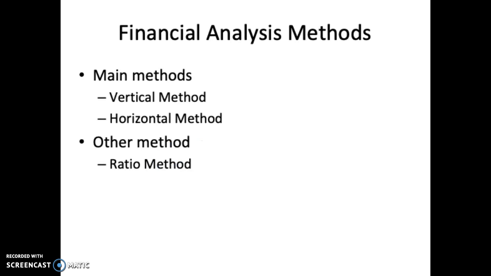Moving on, there are some different financial analysis methods. There are two main methods in this group, and the two main methods are horizontal analysis and vertical analysis. So those are the two most common ones.